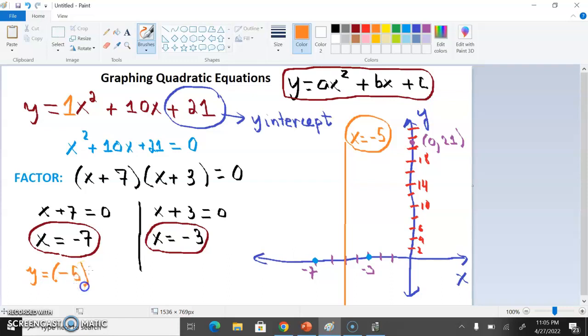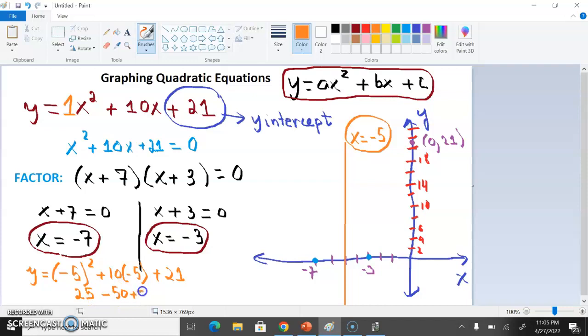(-5) squared plus 10 times -5 plus 21. Well, -5 squared is 25. And 10 times -5 is -50.